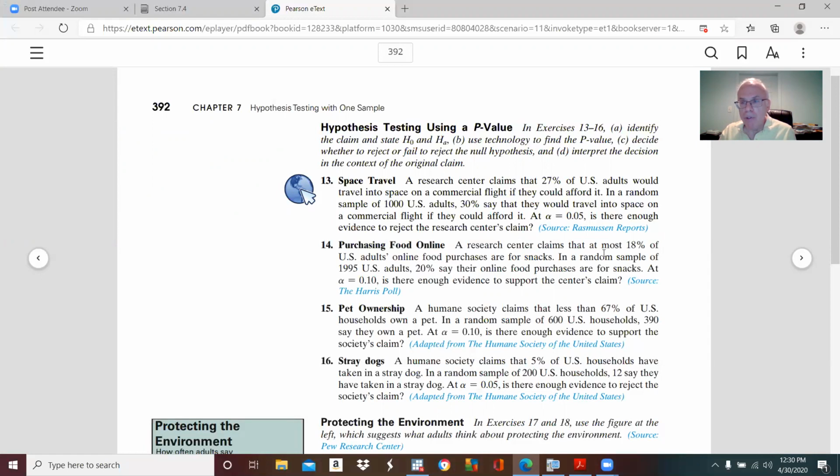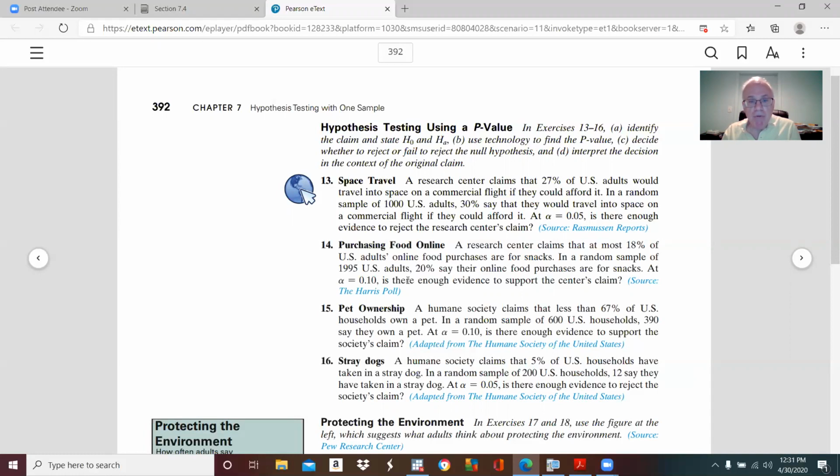Remember, all the equal to symbols, equal to, less than or equal to, or greater than or equal to, are in the null hypothesis. So this is, again, a null hypothesis claim. And we're going to put p less than or equal to 0.18 as our null hypothesis, which means that our alternative hypothesis will be the complement of it, which is p greater than 0.18. Okay, we'll get to that in a second.